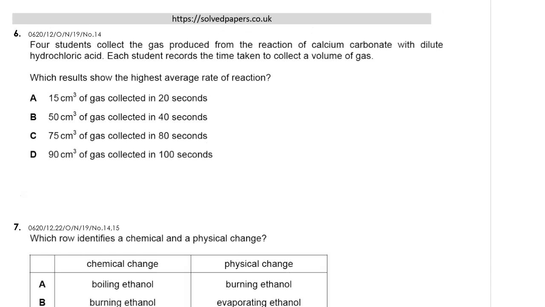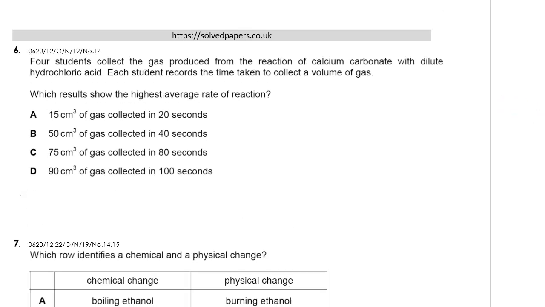Number 6. 4 students collect the gas produced from the reaction of calcium carbonate with dilute hydrochloric acid. Each student records the time taken to collect a volume of gas.